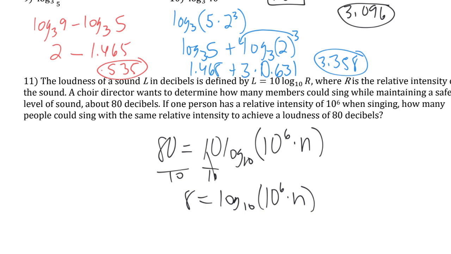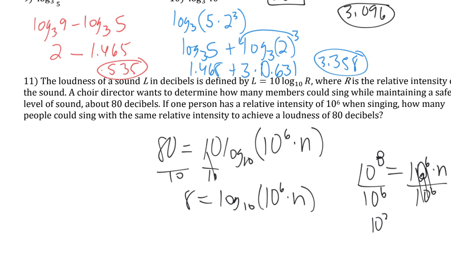The big thing would be to switch forms: 10 to the 8th is equal to 10 to the 6th times n. Divide both sides by 10 to the 6th, and you're going to get n is equal to that quotient. Since you're dividing, you subtract the exponents, so you get 10 squared is equal to n. So n equals 100. So there's 100 people who could sing in this choir. All right, well, thank you and have a good day.